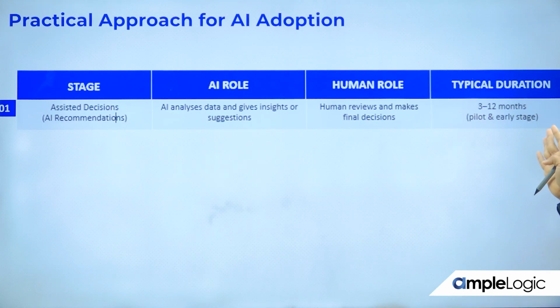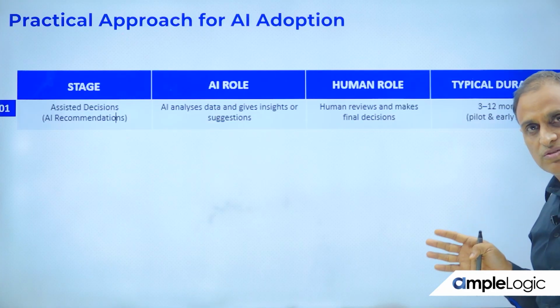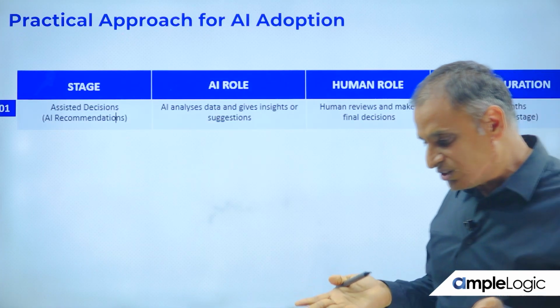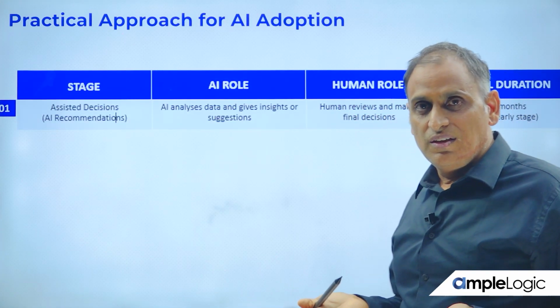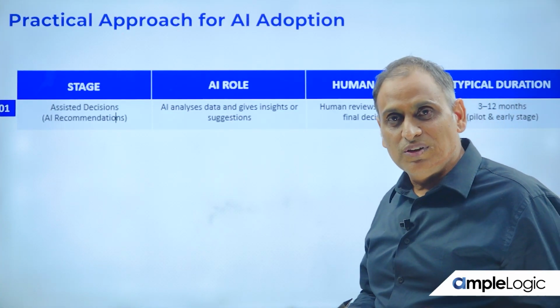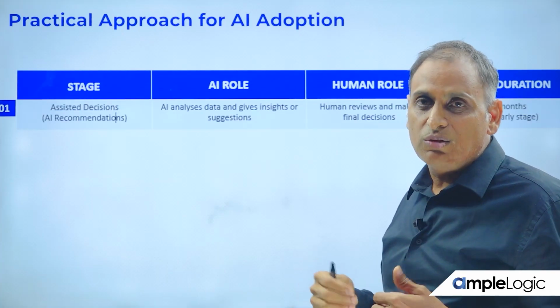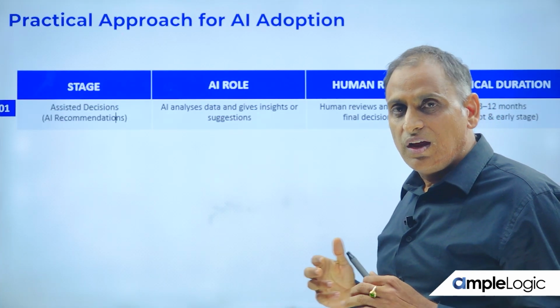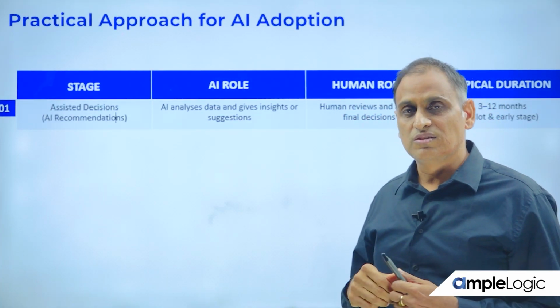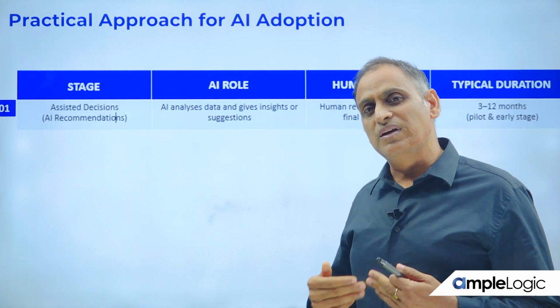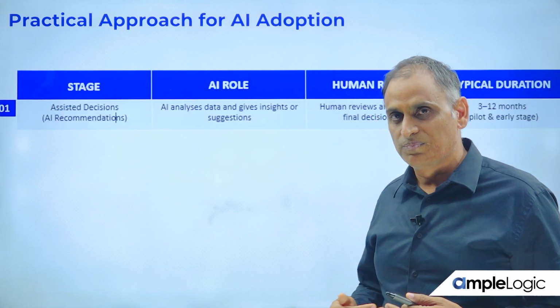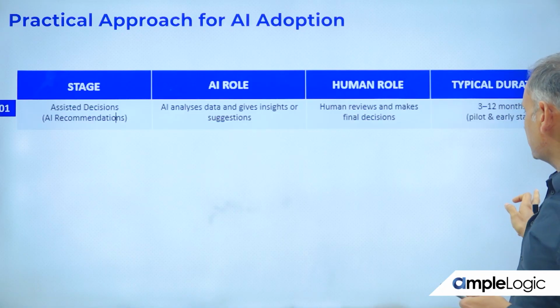The typical duration is pilot and early stage. Let's assume an organization already has some data. We can start the pilot with 3 months, and you can run the pilot for 12 months to see how the recommendations are coming in. Based on these recommendations, we can train the model so that recommendation efficiency can be improved. That is the first stage which we consider.